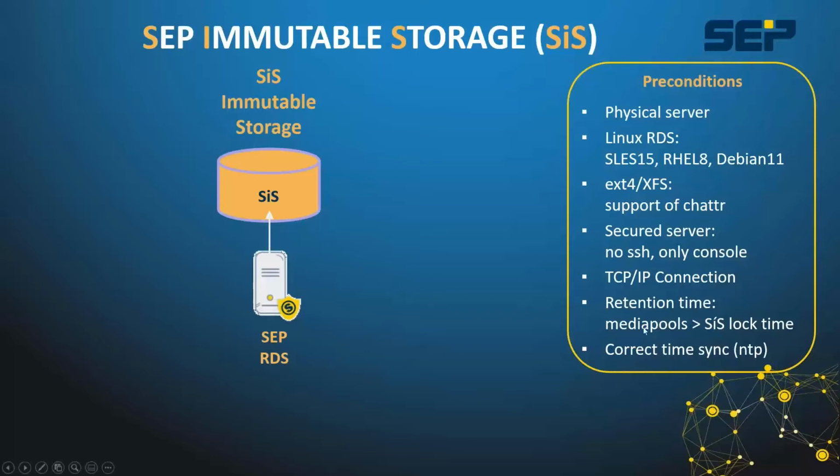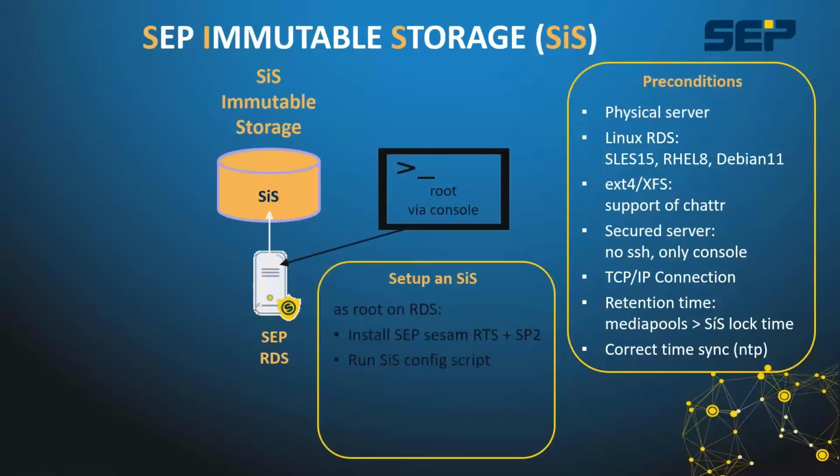And the media pools should always have a longer retention time than the SIS lock time. Otherwise, Sesam will try to remove backups, but they are still locked, and this removal of backups will fail. Yeah, and then you need correct time sync, so an NTP service should run on this hardware. These are the preconditions for this immutable storage.